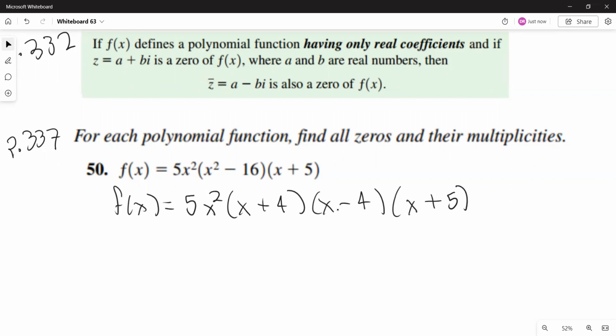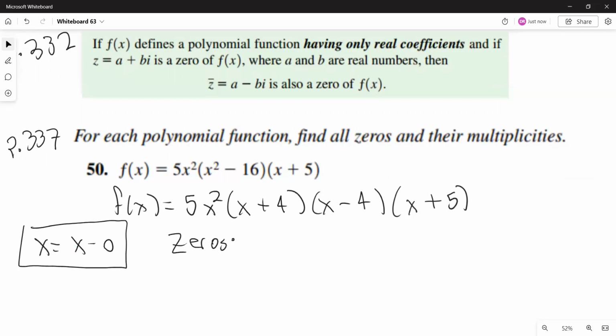Okay, so this has 4 zeros. You can write x as x minus 0. So this has the following zeros. Actually, I'm going to write them in increasing order.